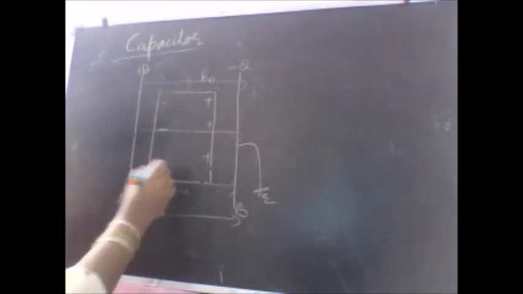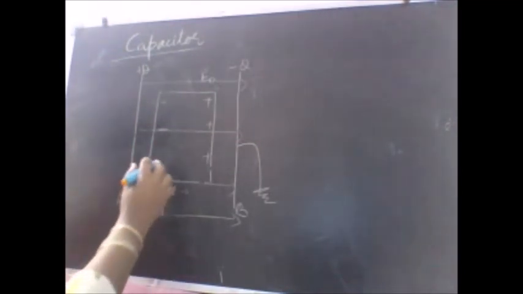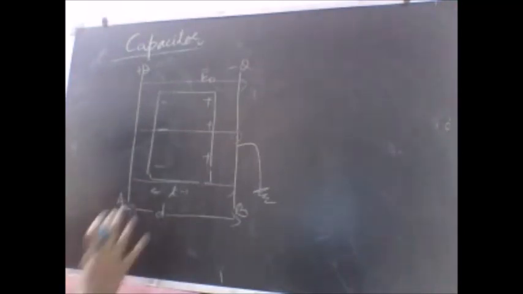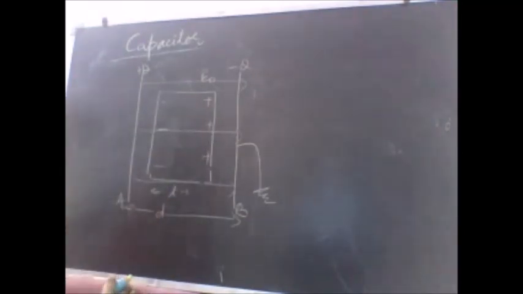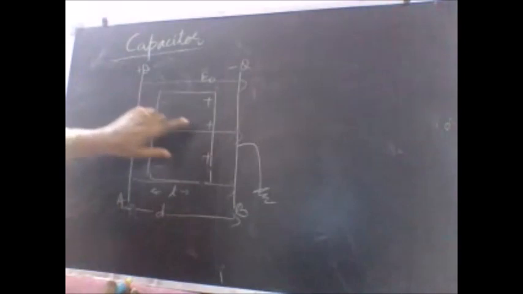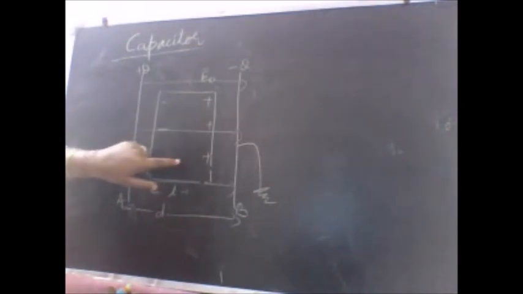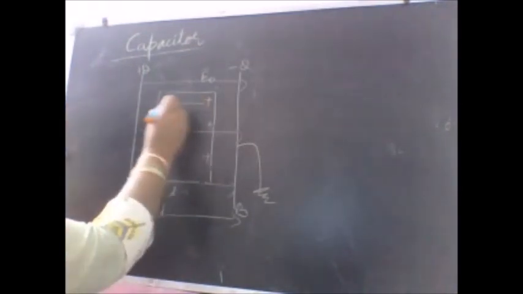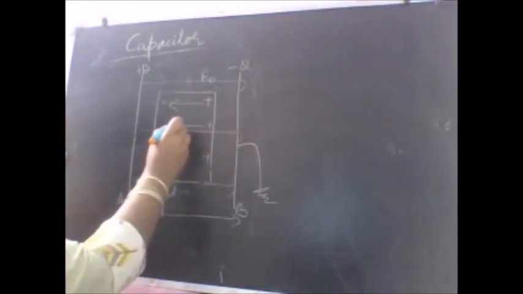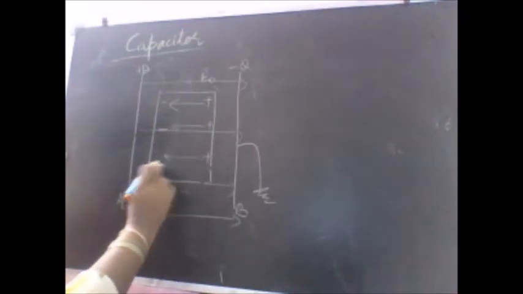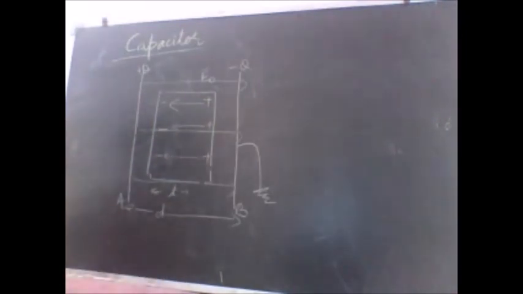The negative charge will come here. So from this diagram it is very clear that charge is induced in the dielectric, and an electric field too is induced in the dielectric, and the direction of the induced electric field is from positive to negative.